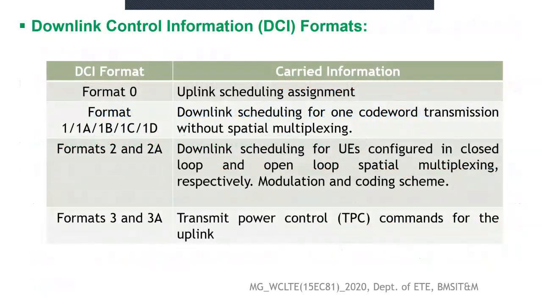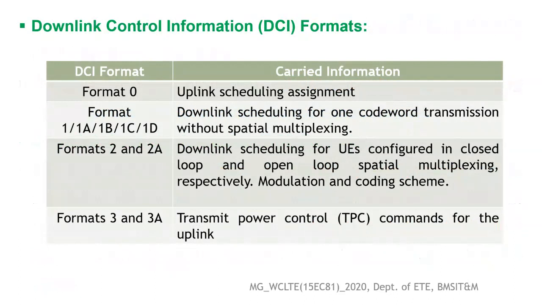So as I said, I already discussed the content of each format of this downlink control information while discussing resource allocation in LTE. I am just revising the different formats and what information each format carries.